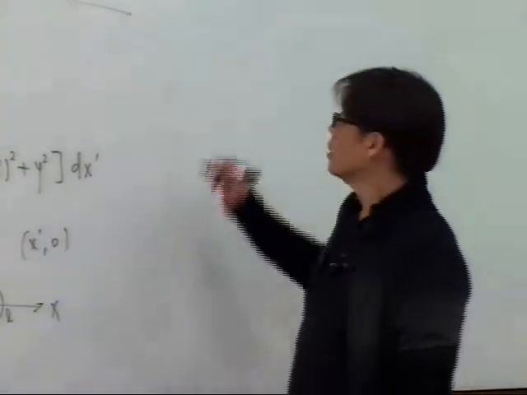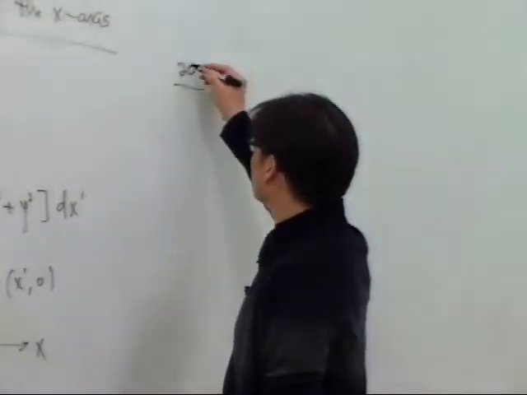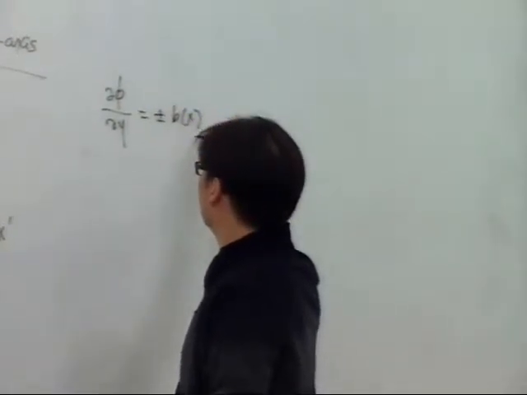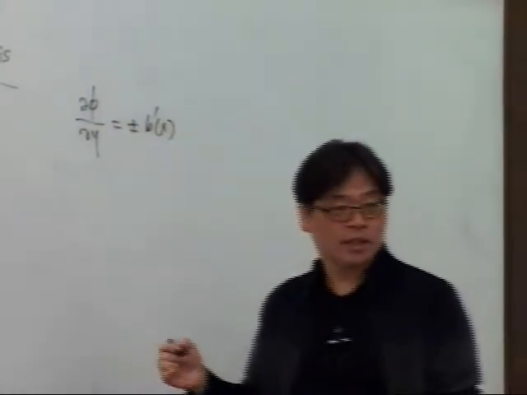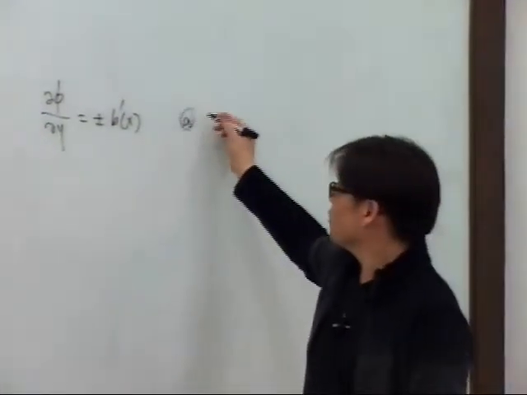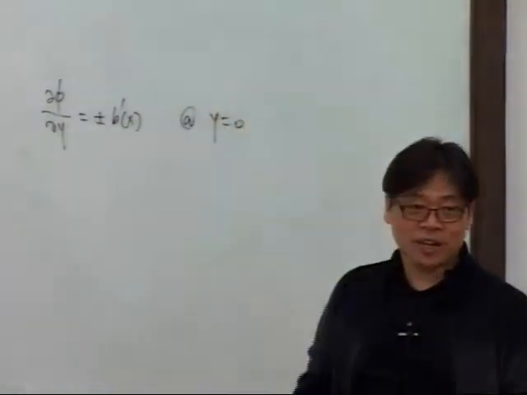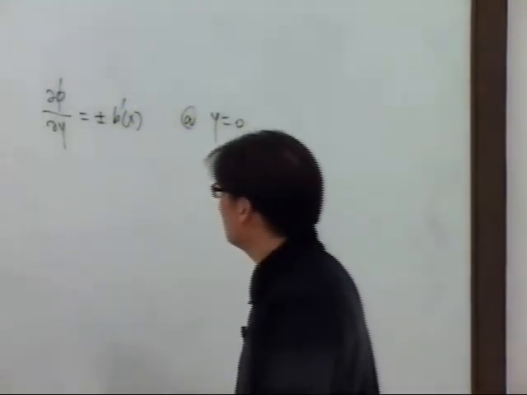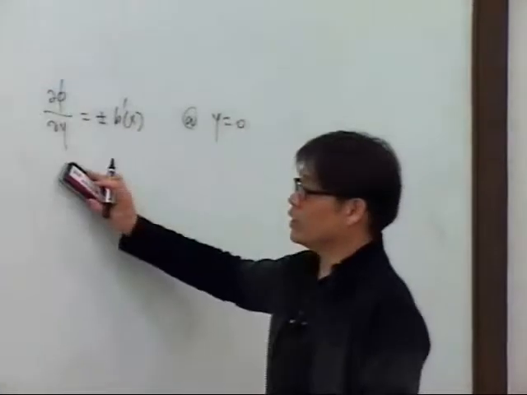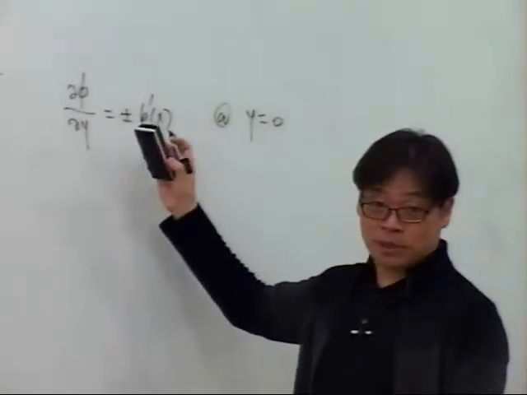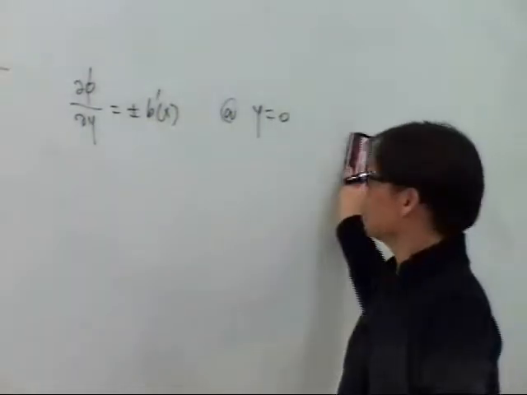Okay. So if I remember correctly, the boundary condition looks like this, right? Something like this. I don't know if you looked at it or not. At y equals 0. So what you need to do is to evaluate d phi dy, and then you make a connection between q and b of x. So let's do that.